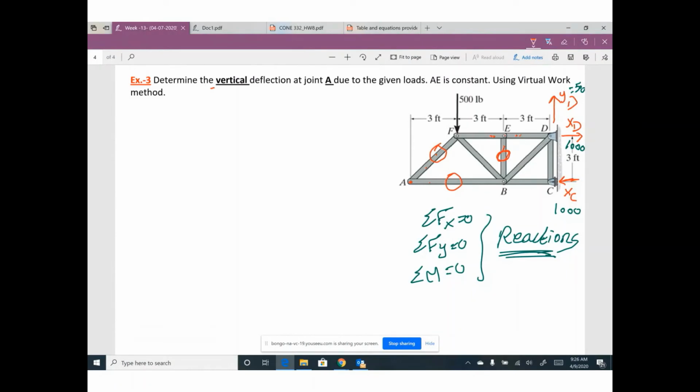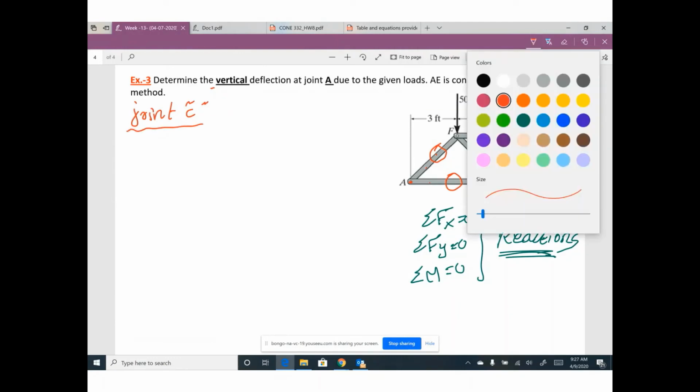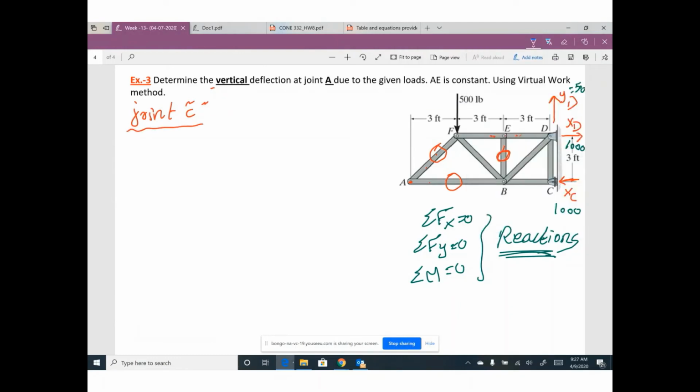Go ahead and do joint equilibrium. Actually, I will start with joint C, the easiest one, but you can start with any. Joint C, we have horizontal reaction 1000.